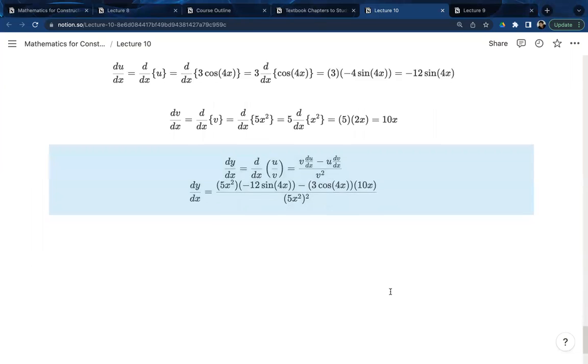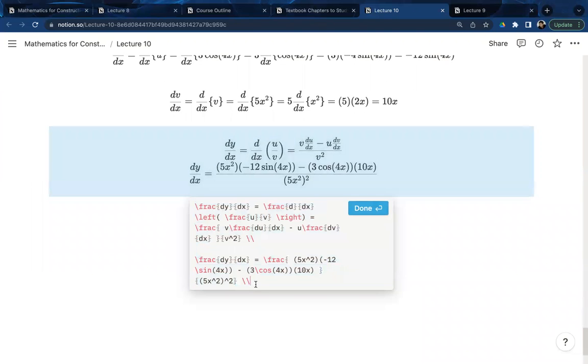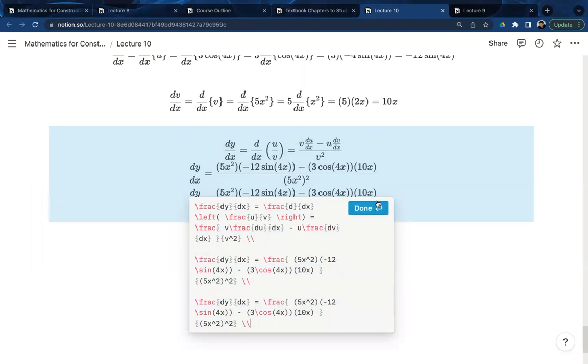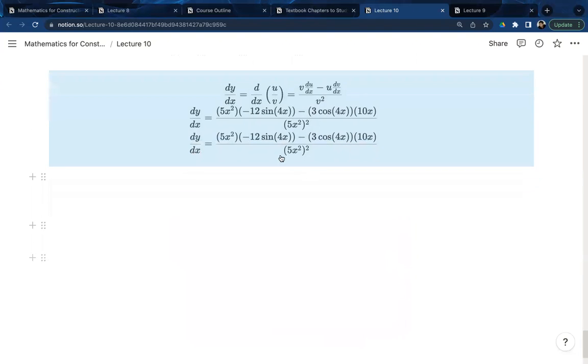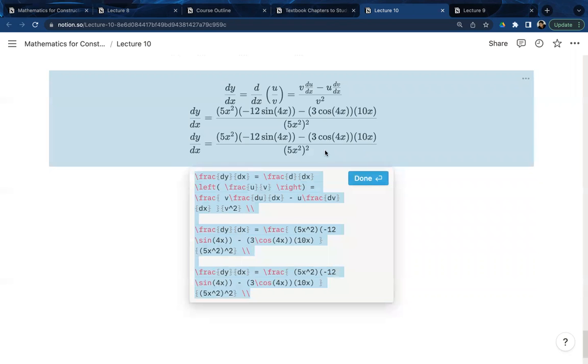What we need to do now is multiply this out and simplify. All right, so this is 5 by 12. 12 has a 3 in it, and we have a 3 here. Another 5, and 10 has a 5 in it, right? So let's rewrite it out.